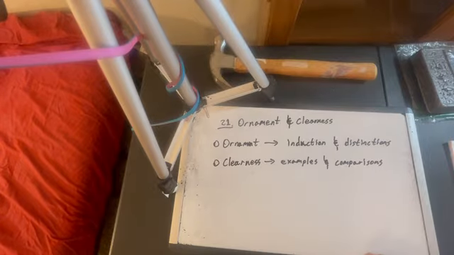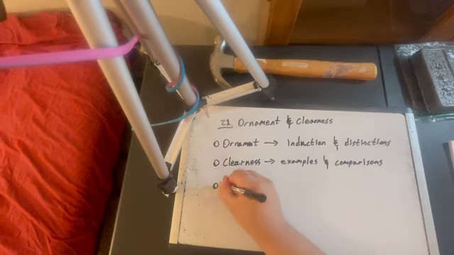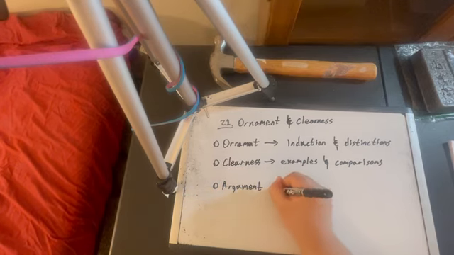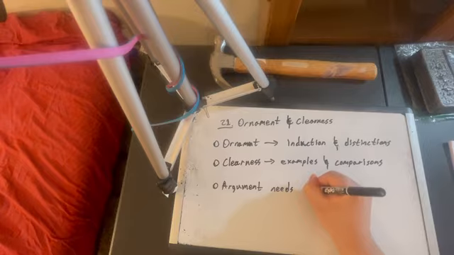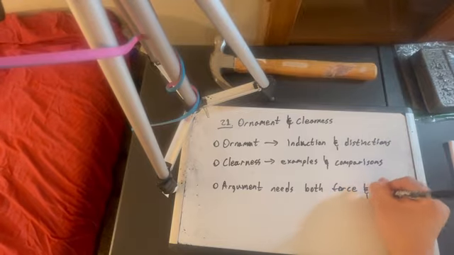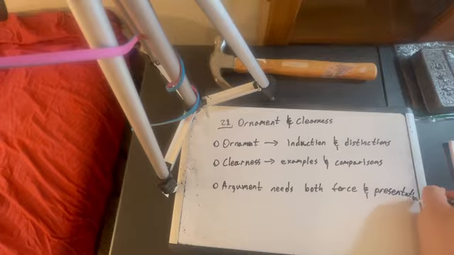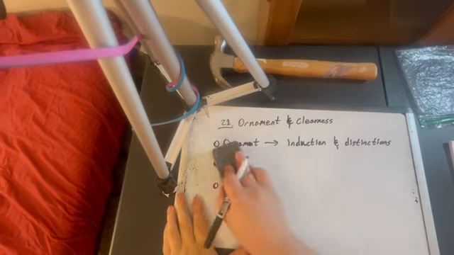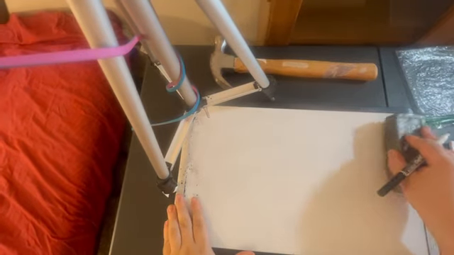So good dialectic must not only interfere, it must also appear orderly and intelligible. Argument needs both force and presentation. What separates a villain from a supervillain? Presentation. Like that movie. Okay.